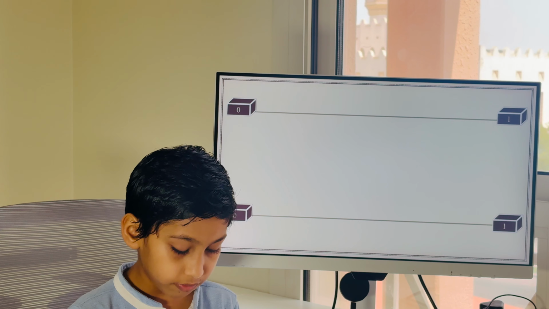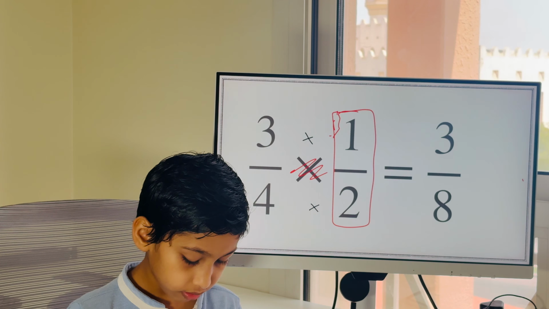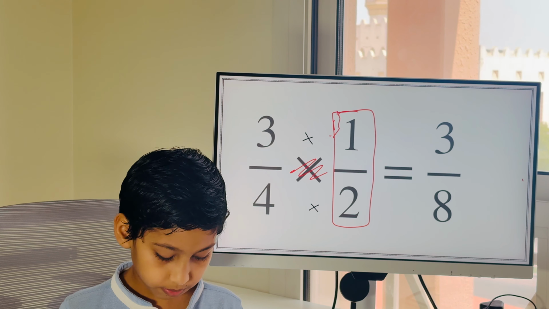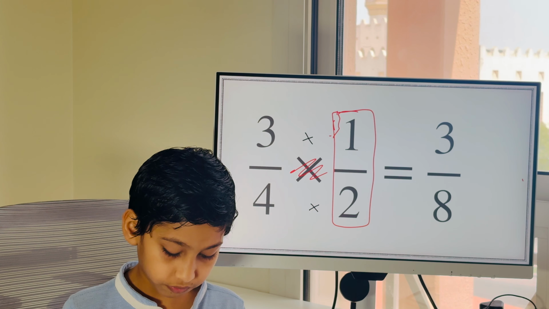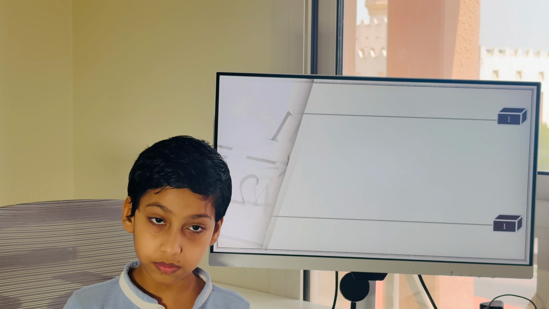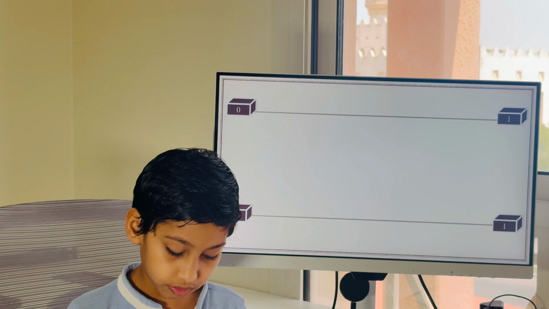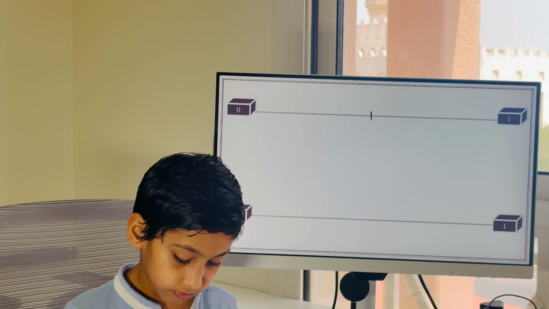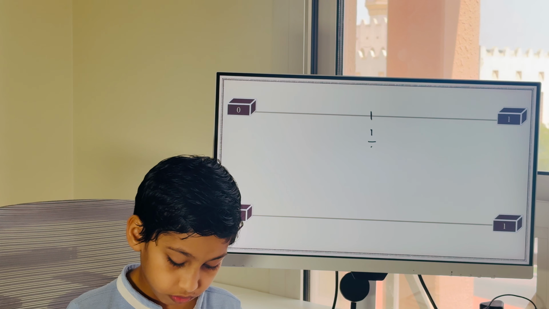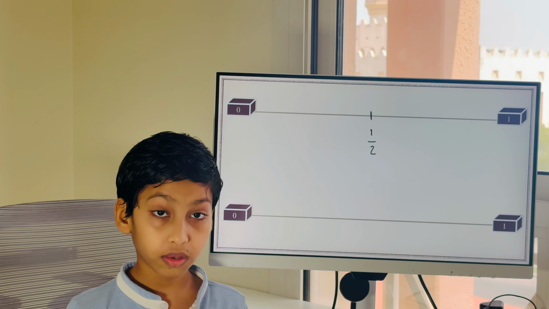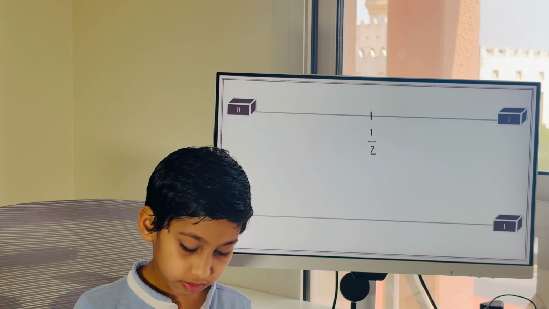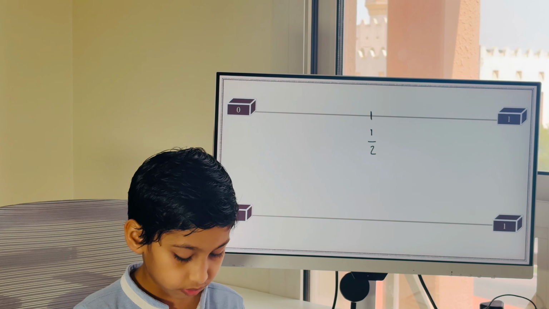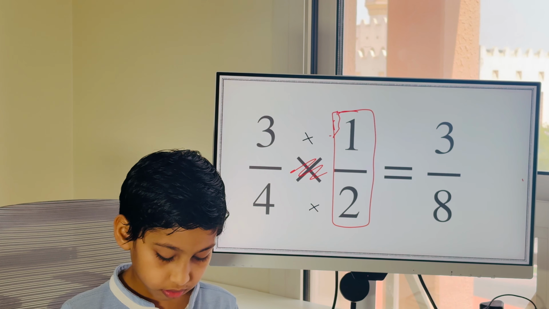So I'm going to divide this number line into 1 by 2, because we have to find the 3 by 4 of 1 by 2. So here's 1 over 2, or 1 by 2. So here's half, right? And then I'm going to make 3 by 4 of 1 by 2.